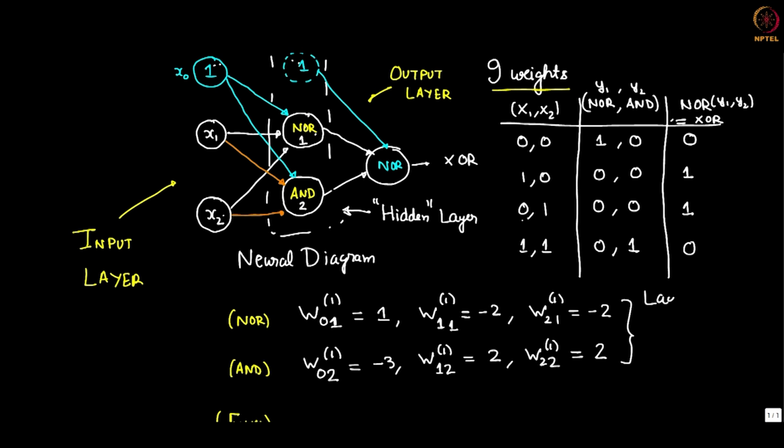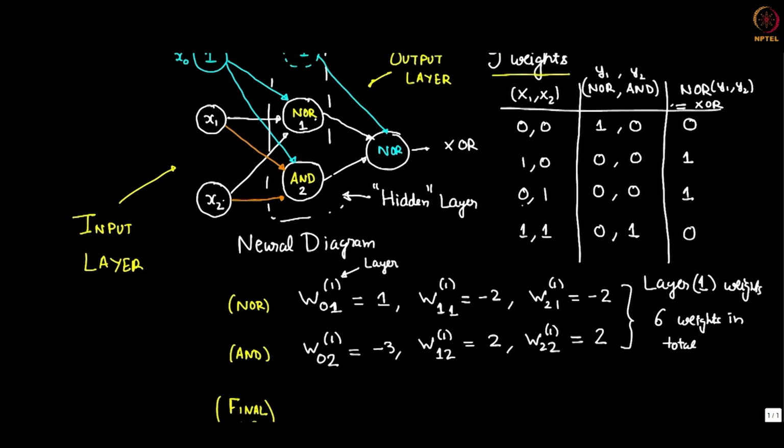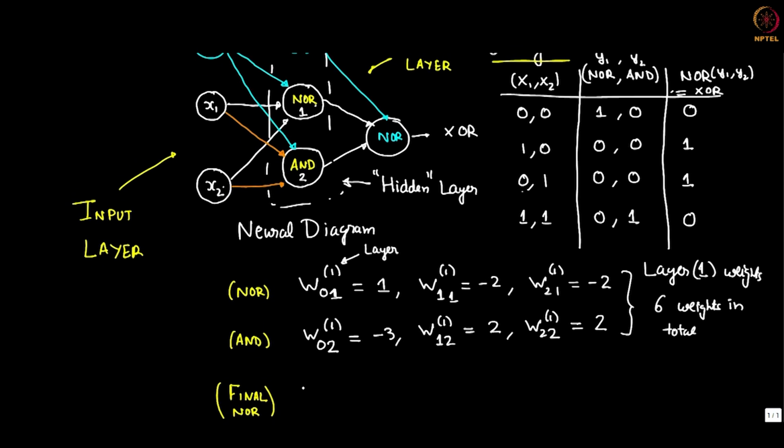So, these are layer 1 weights, and there are 6 weights in total. So, what would we label our final layer weights as? Once again this is W0, there is only one unit here 1, but this is now layer 2 1.